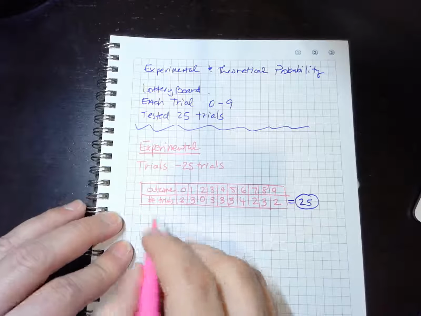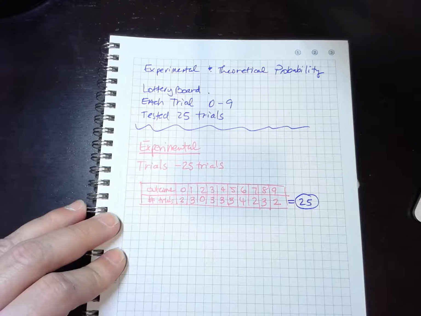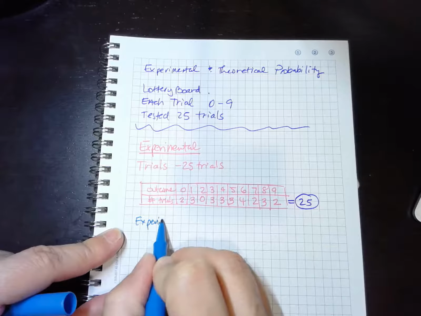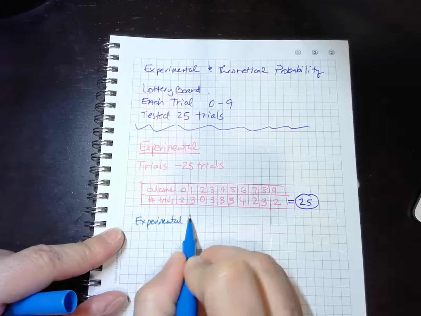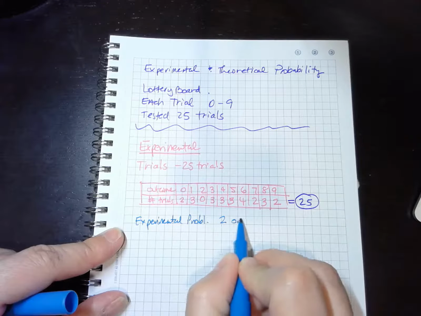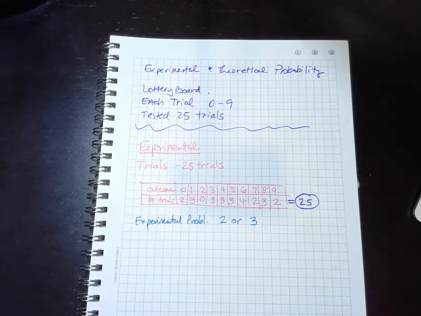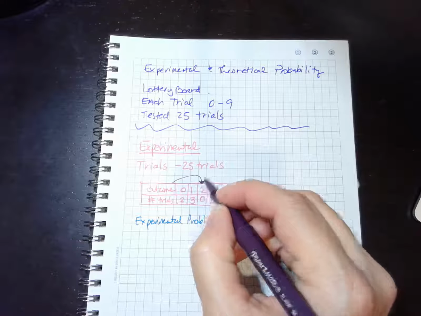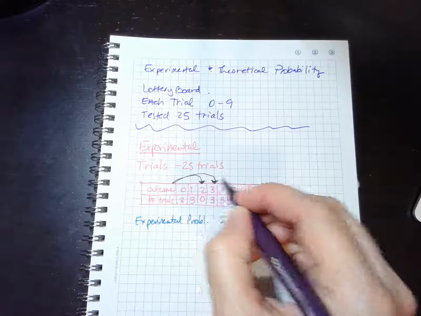So they want us to find the experimental probability that I would get a 2 or a 3. So you go to your table and you look at, okay, my outcome being 2 or my outcome being 3.